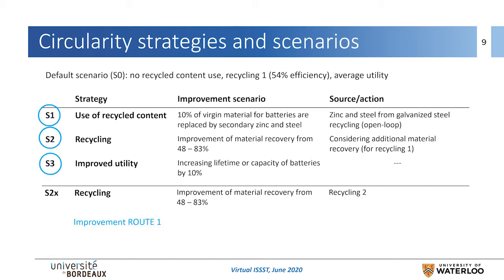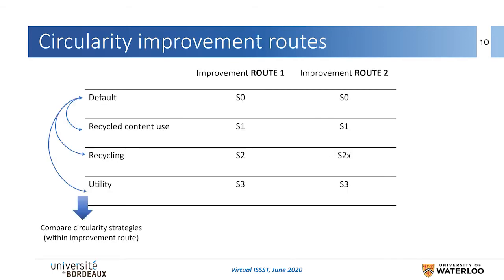These improvement strategies, these circularity strategies, are combined in improvement routes. So we differentiate between improvement route 1 and improvement route 2, and I will show you why this is important now.